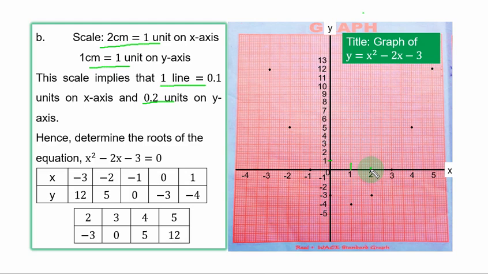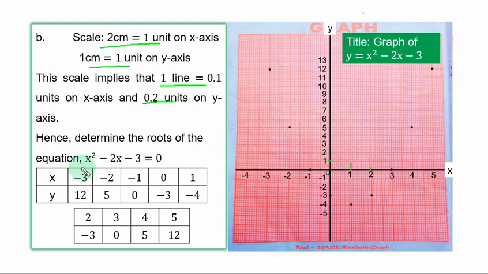If you move to the left, you have negative values. On the y-axis, the end of the first box from the origin is 1, the next one is 2, you have 3, 4, 5, and so on. When you move down from the origin, you have -1, -2, and so on. Next thing is to plot the various values.